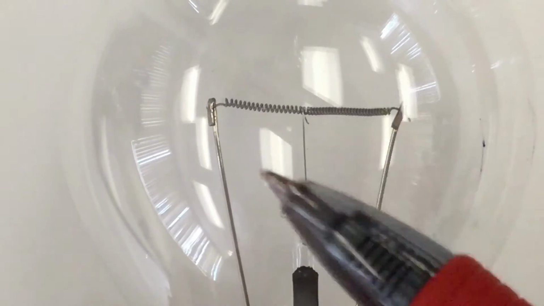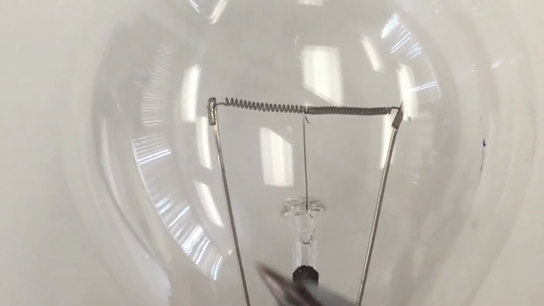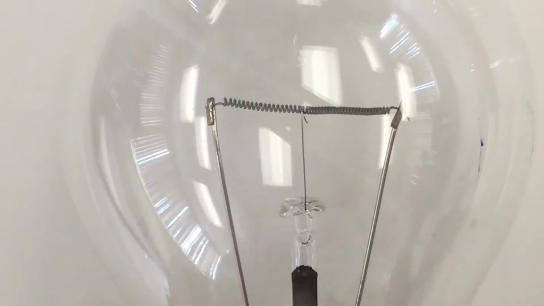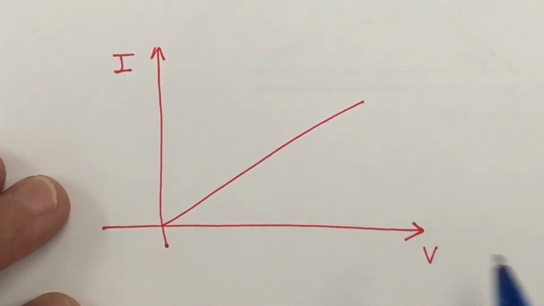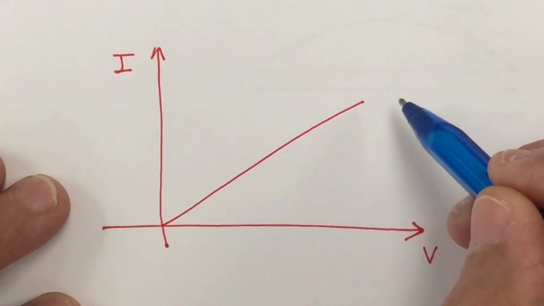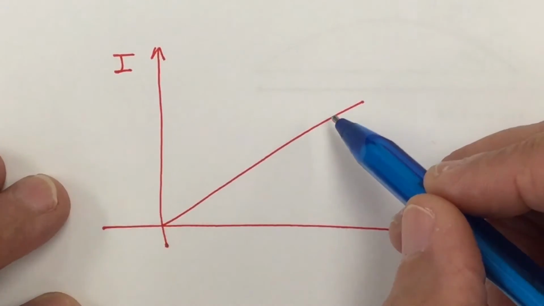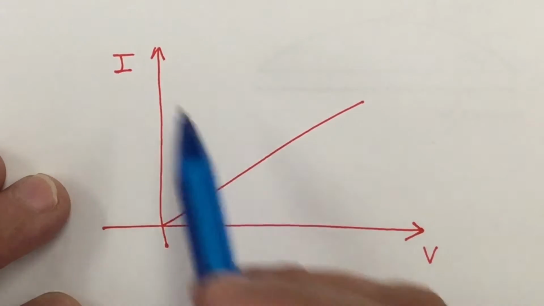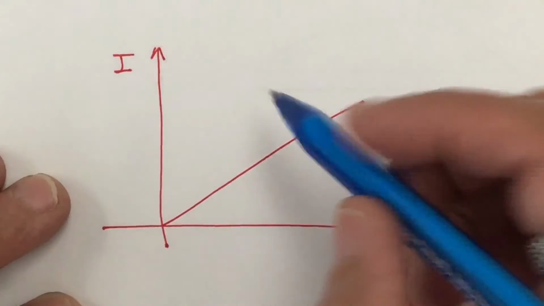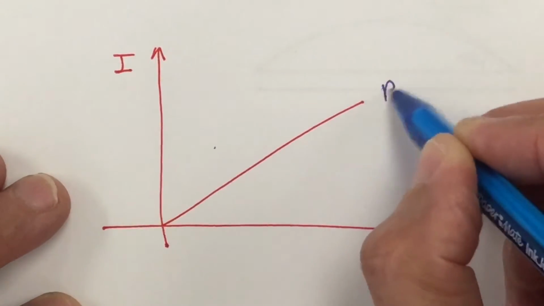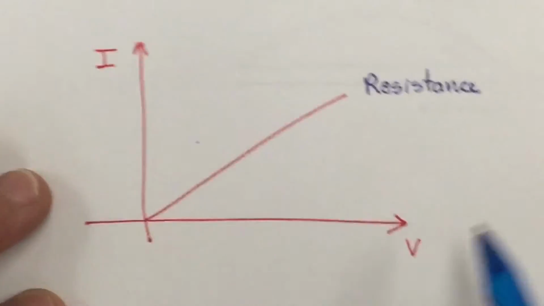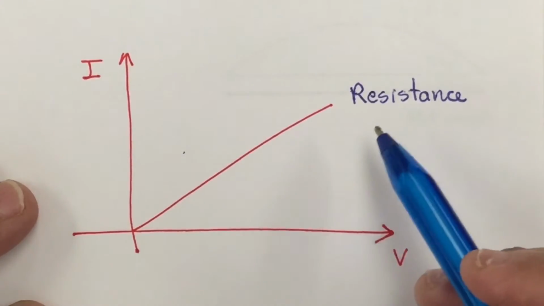With time it gets warmer and warmer, and this affects the resistance of the filament. On a current-voltage graph, if it's linear like this, the gradient of this graph is the resistance. So in this case, the resistance is constant.